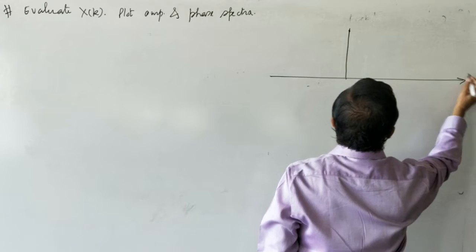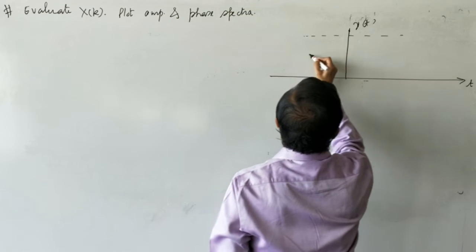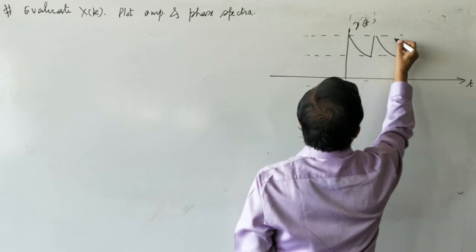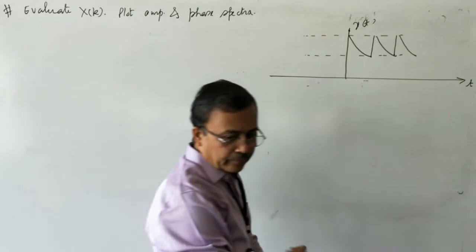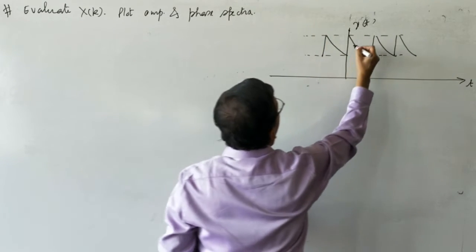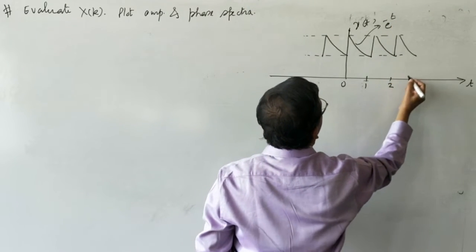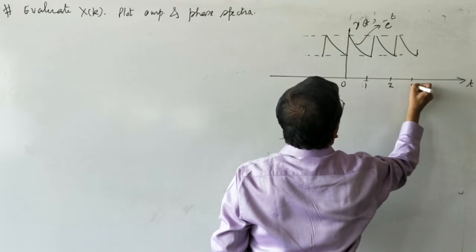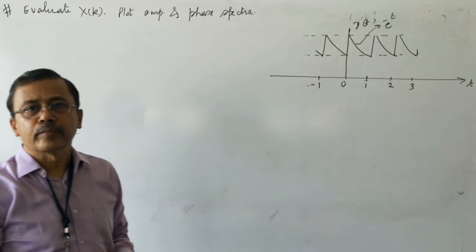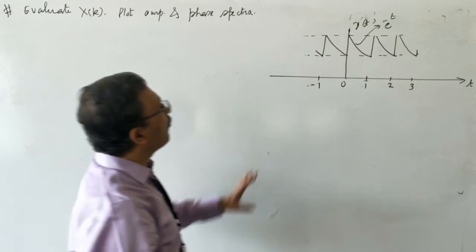X-axis is t, y-axis is x of t. Equation of this is e power minus t, 0, 1, 2, 3. This is minus 1. Okay. So this is a periodic waveform.